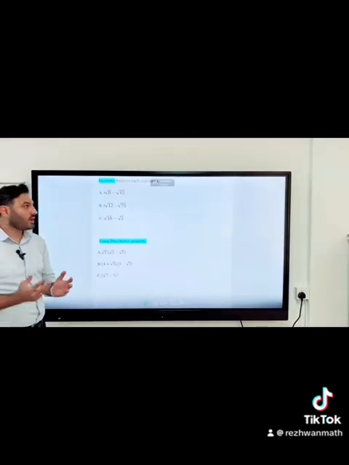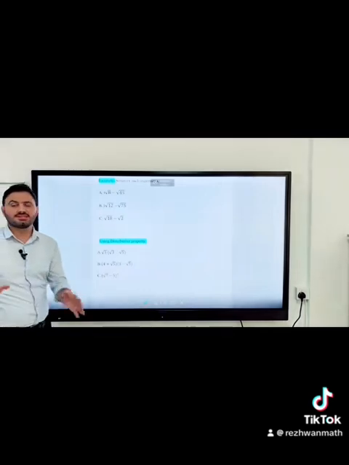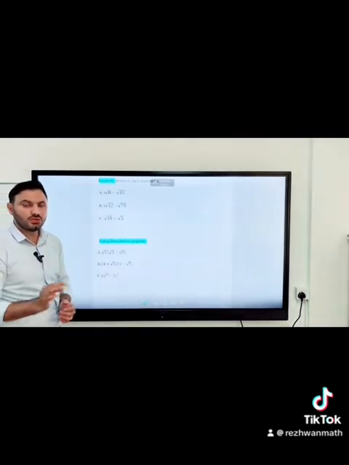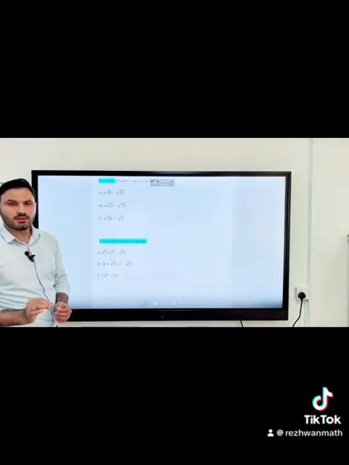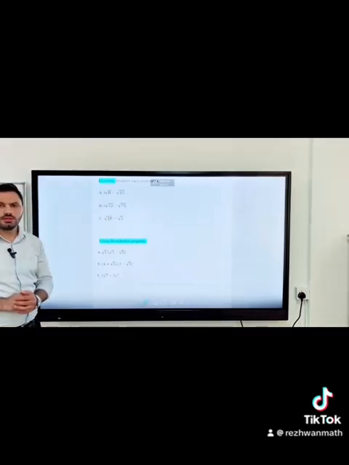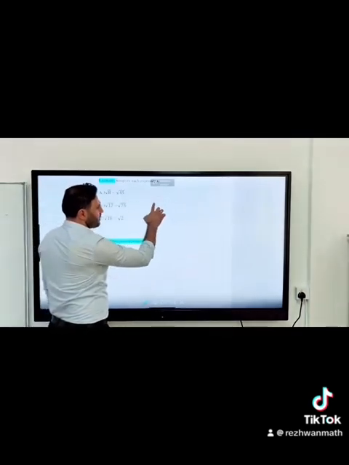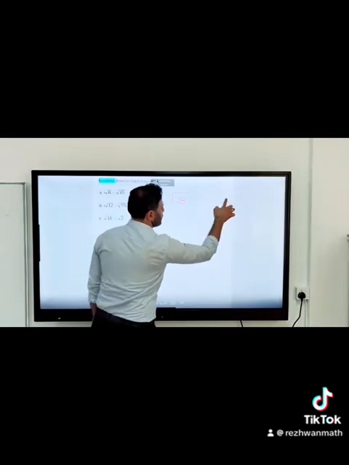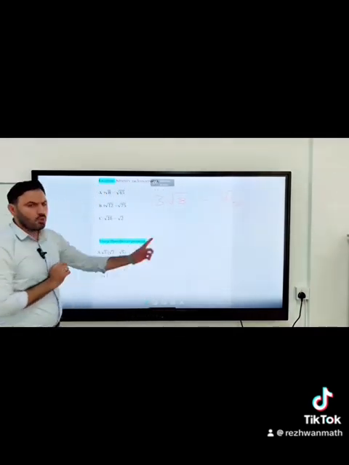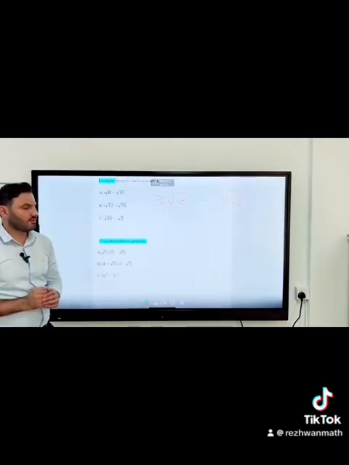How can we simplify two square roots if they're not the same? You have to use perfect squares to simplify each square root. Now, if you look at 3 square root 8 minus square root 45, which factor of 8 is a perfect square?